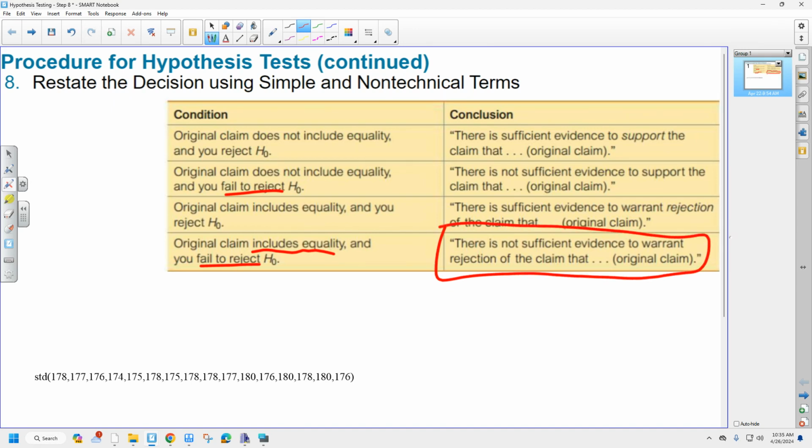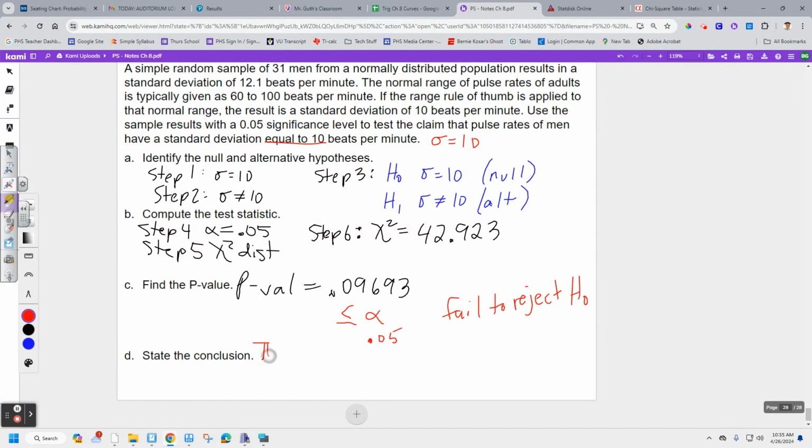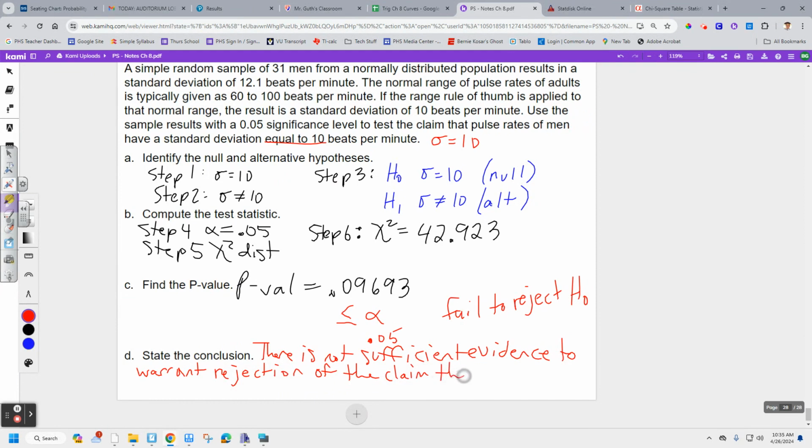There is not sufficient evidence to warrant rejection of the claim that, what are we claiming? The pulse rates of men have a standard deviation equal to 10 beats per minute.